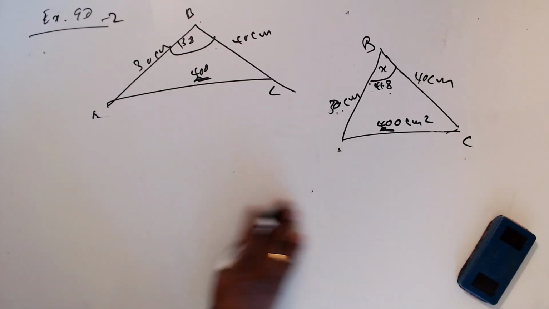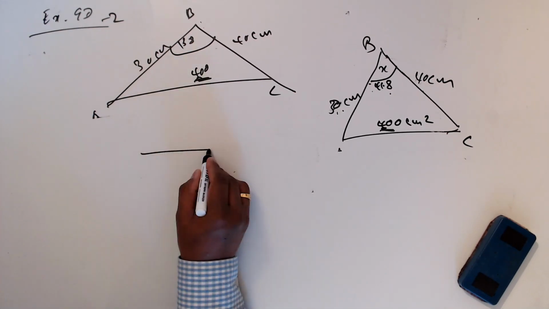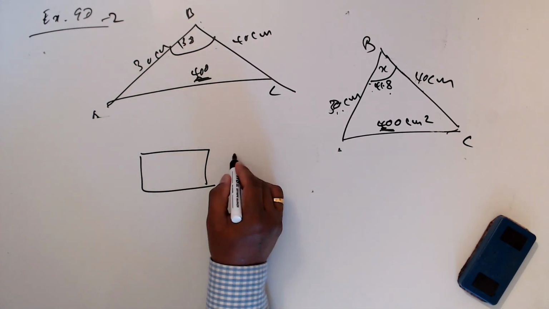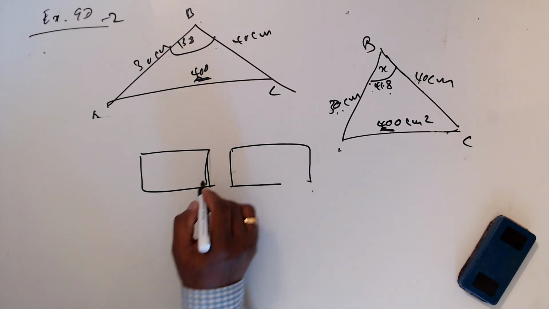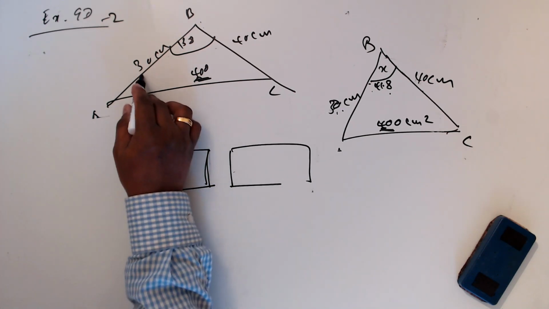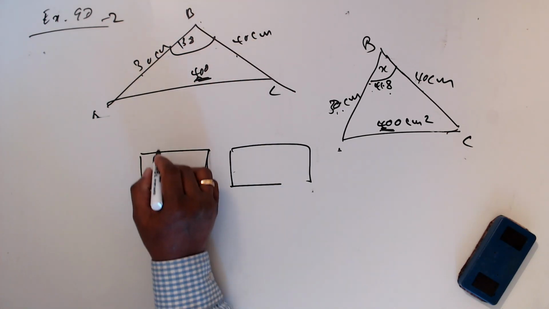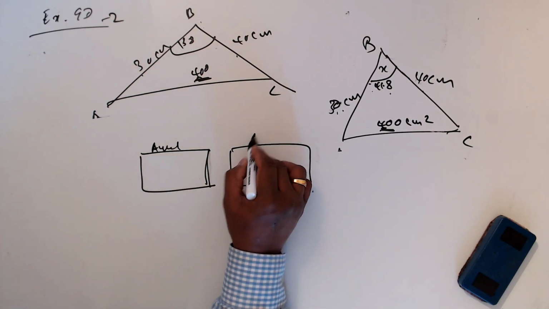Another way to show it differently: assume you have a machine. This machine will read the data, this 30 and 40, and the angle, and give the area.